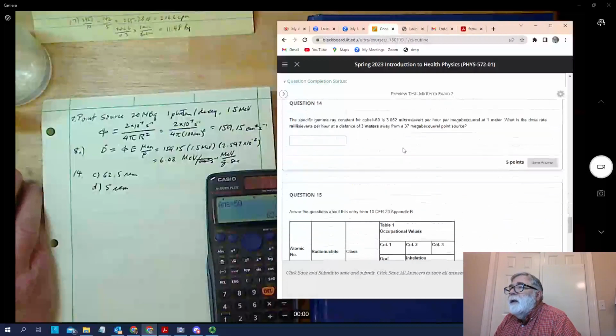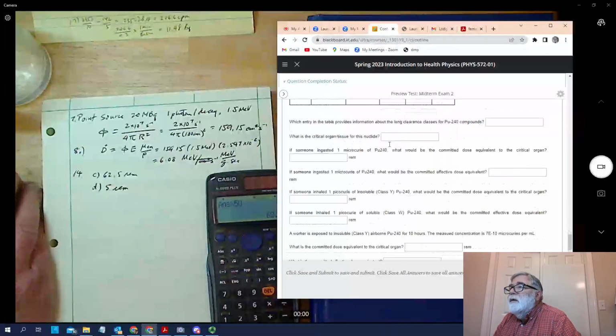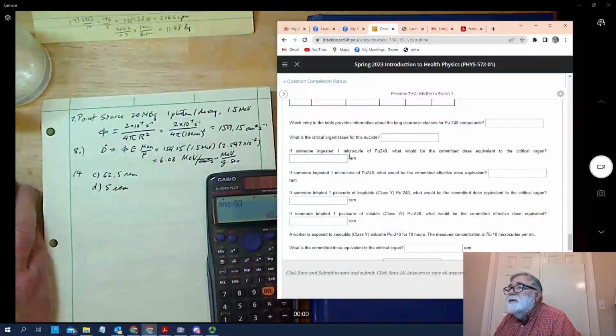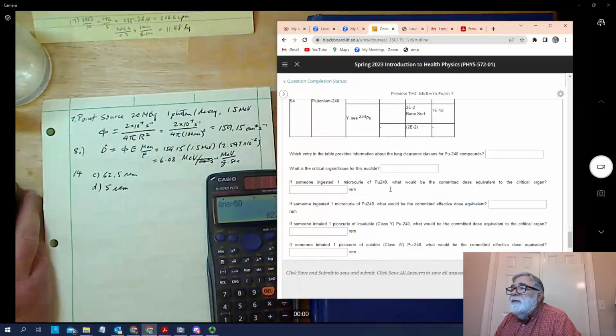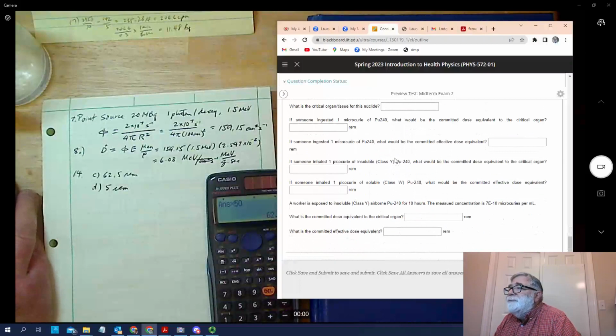Okay, that's it. So I've got A, B, C, D. The ingested amount is 1 microcurie, the ALI is 1 microcurie. It's for the whole body, so that is 5 rem.